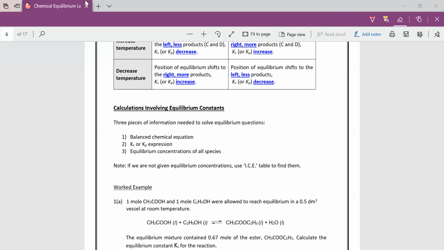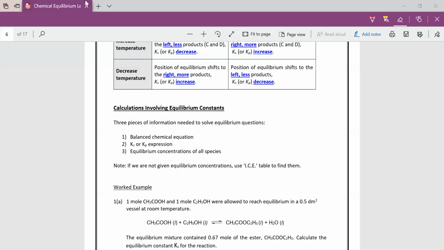For us to calculate, the very first thing we need to do is write down the balanced chemical equation. After that, we write down the equilibrium constant expression. And then last of all, we need the equilibrium concentration of all the species involved. If we are not given these concentrations, we can use the ICE table to find them.